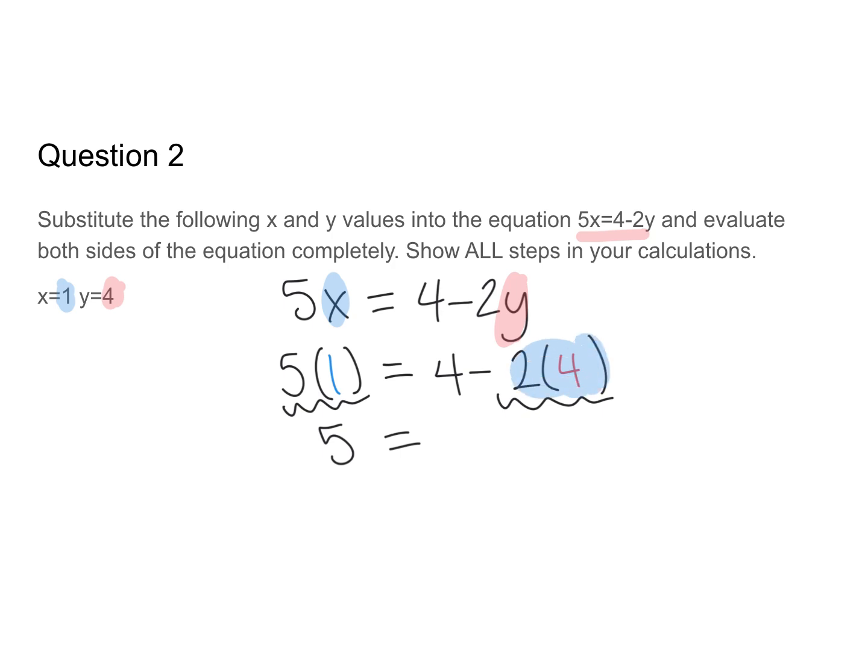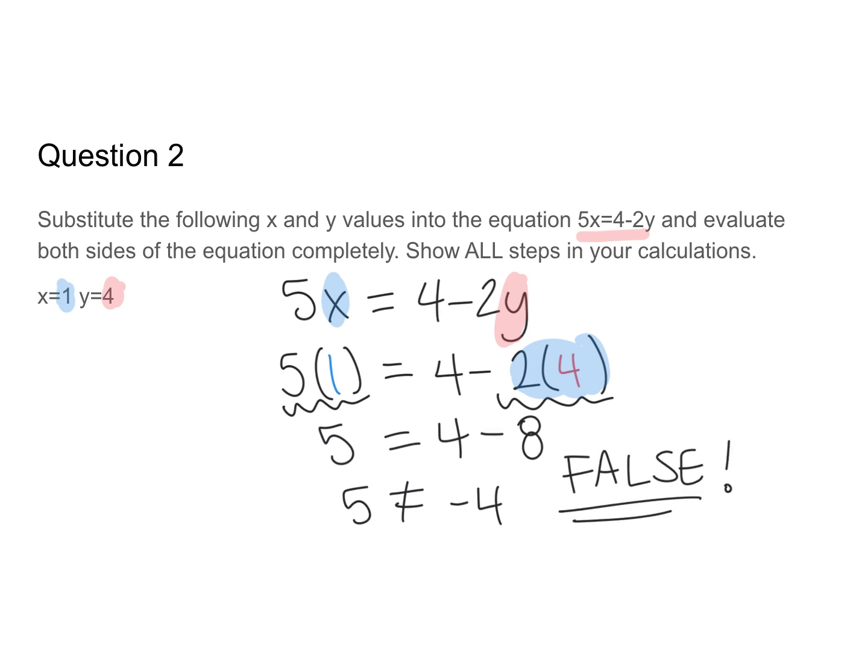So I have 4 minus 8. 4 minus 8 is -4. 5 equals -4. Okay, that is not true. That is false. Since that's false, that means it's not a solution to the equation, which actually leads me to question number 3. So for question number 3, I'm going to answer some questions about these results.